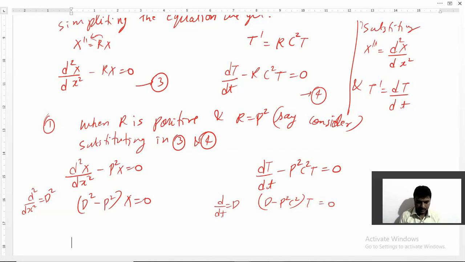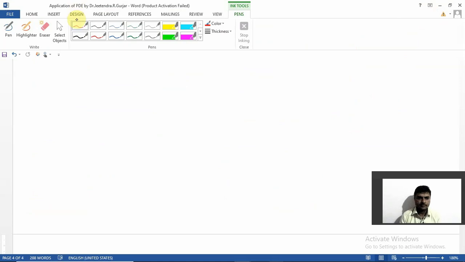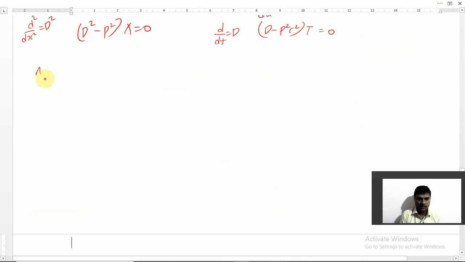Okay, then I will write the auxiliary equation. How are you going to write the auxiliary equation, students? Please remember how you write auxiliary equations. Wherever d is there, it will become m. So that implies m square minus p square is equal to 0, and here m minus p square c square is equal to 0.